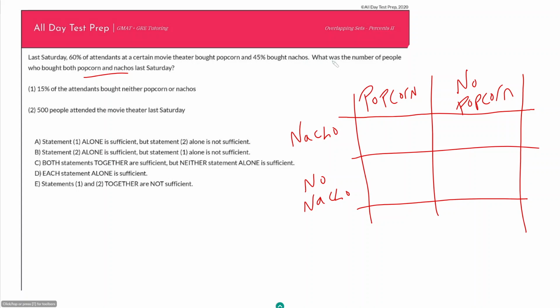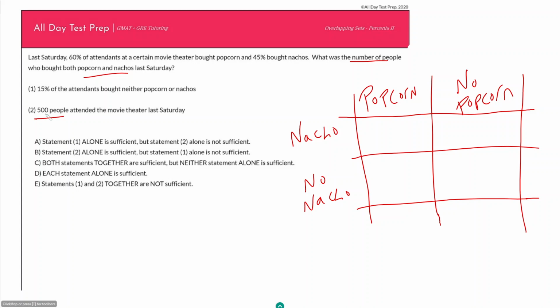But then in the question, they say, what is the number of people who bought both popcorn and nachos last Saturday? So the fact that they're looking for a discrete number means we cannot just assume we had 100 people go to our movie theater last Saturday. I also see in the second statement, they give us a discrete number of 500 people.